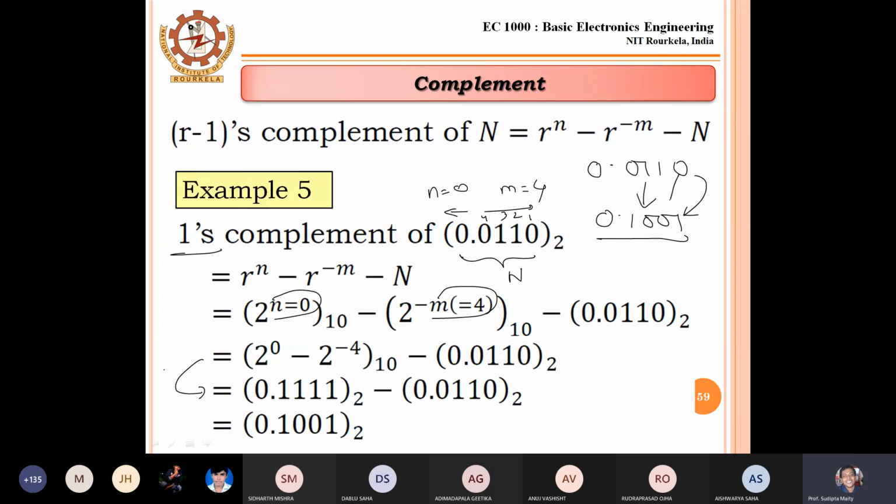So 0 is converted to 1, 1 is converted to 0, then this 1 is converted to 0, and this 0 is converted to 1. Okay, so if I give 1 0 0 0 0 1 and find this 1's complement, my answer should be 0 1 1 1 1 0. Without doing all those numerical calculations, we can directly write just by changing 0 to 1 or 1 to 0. Is it clear?